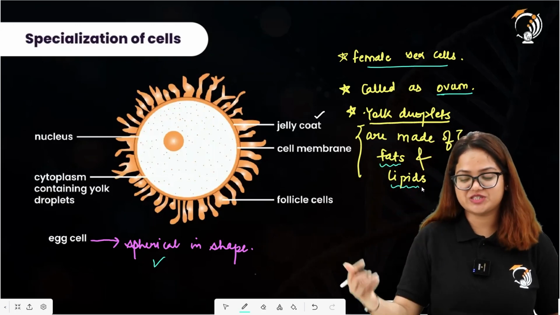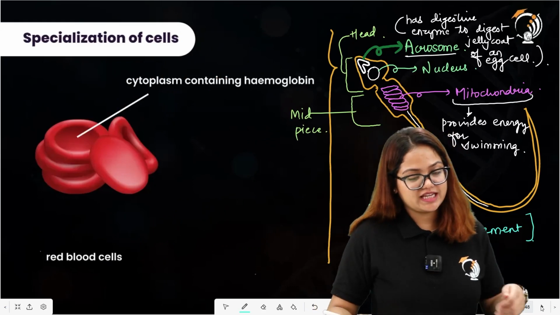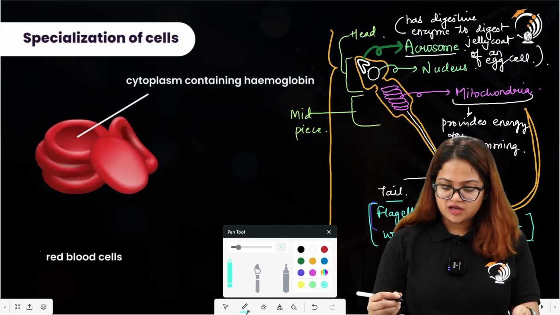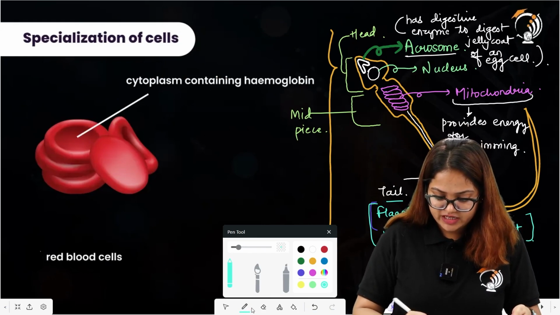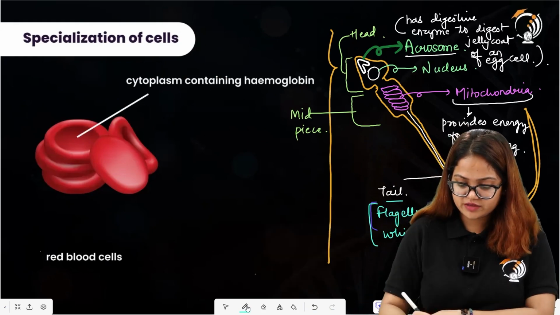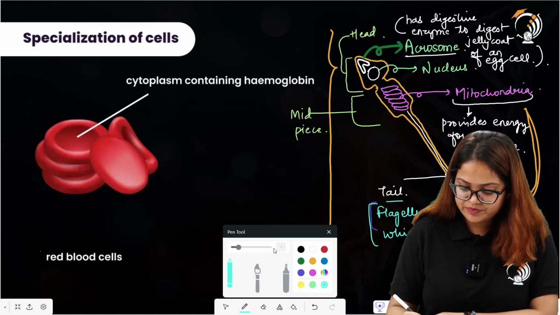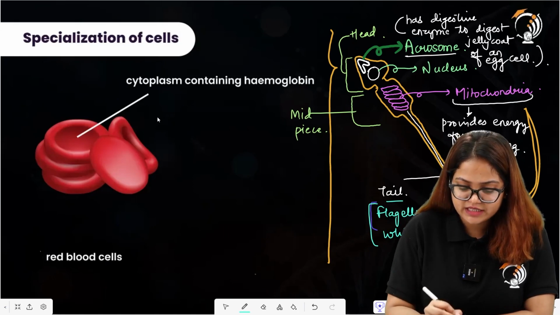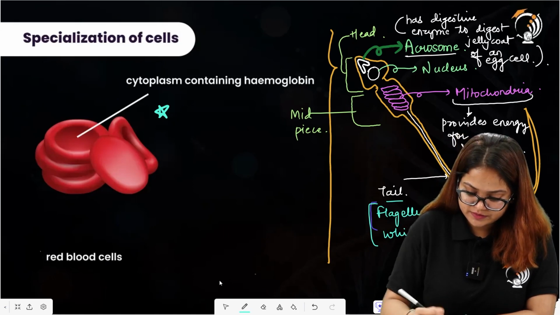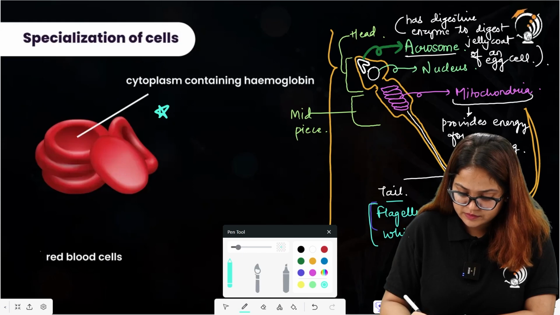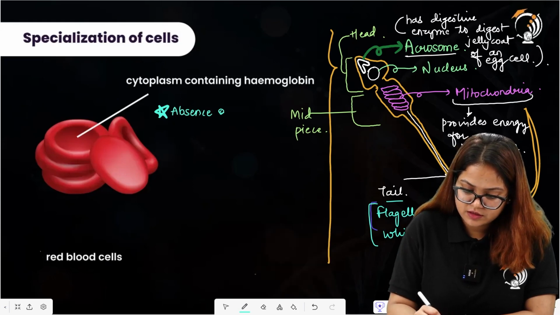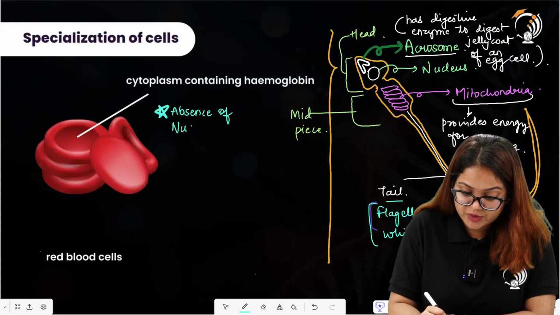So this is another specialized cell. Moving toward the RBC, that has a very distinct feature that makes this cell very different from the other cells, and that is the absence of, so mark my words, absence of nucleus.